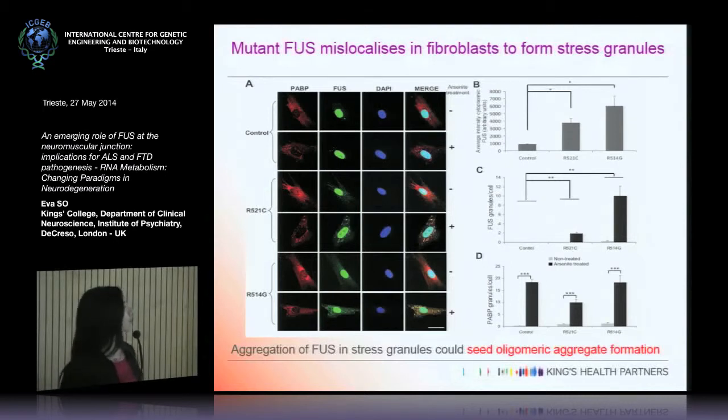However, only in the mutant fibroblasts do we find a significant increase of FUS-positive granules, as you can see here. So this shows that this cytoplasmic FUS was recruited to the stress granules and colocalizing here. This suggests that the aggregation of FUS in the stress granules could seed oligomeric aggregate formation, and this may impair RNA processing and cause neurodegeneration.